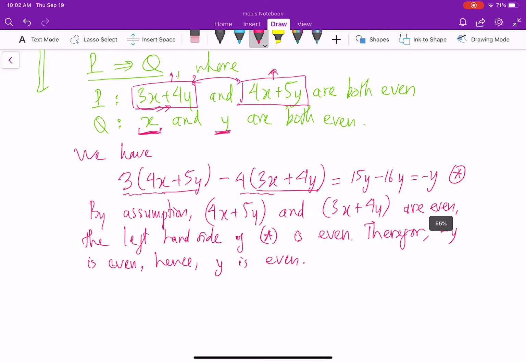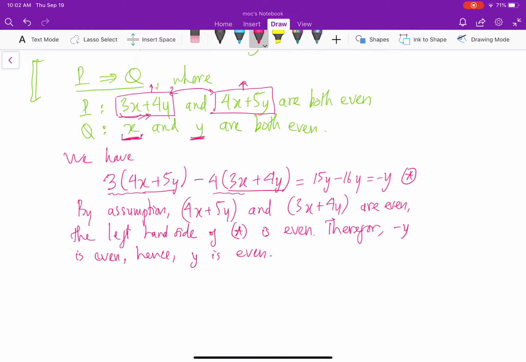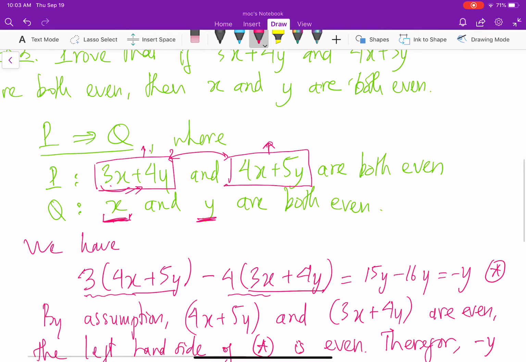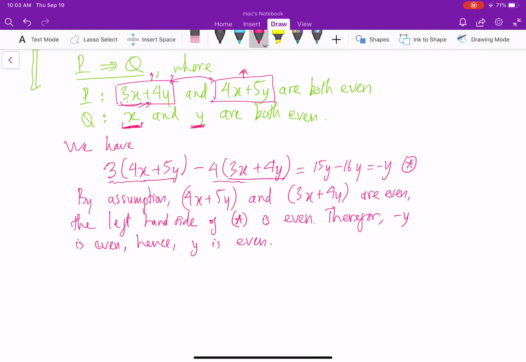Next, we still need to show that x is even. You could eliminate y, but in this situation I observe that the first number is 3x plus 4y and the second number is 4x plus 5y. If I subtract these two numbers, I will get x plus y. So I can do the following.